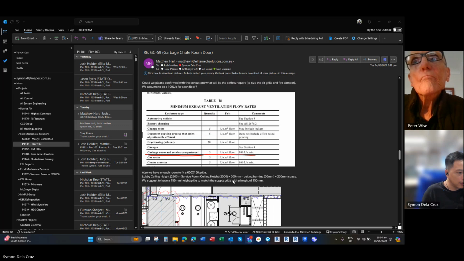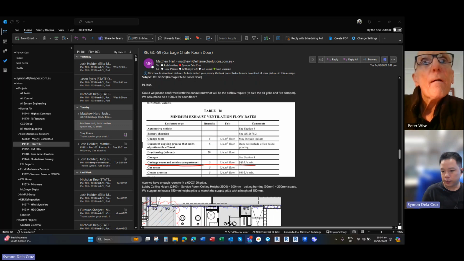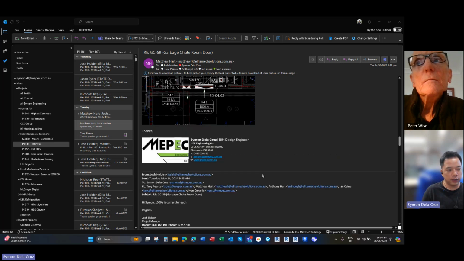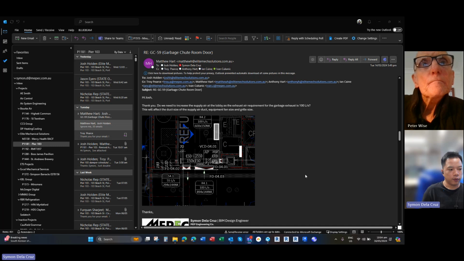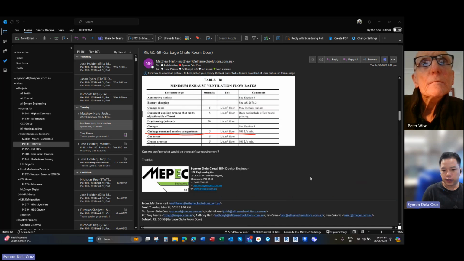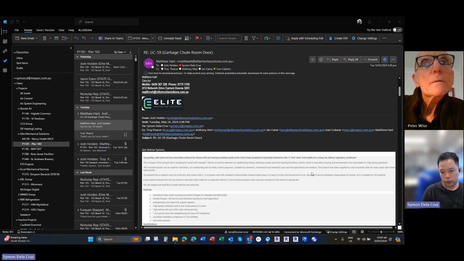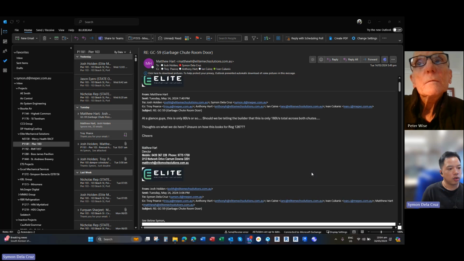The garbage room says 100 liters per second minimum for the service requirement, but Matthew says we need to confirm with the builder, the contractor, what fans we will be using. We have confirmed that it is 80 liters per second for each tube. Now we are confirming what airflow we will be using. Do we need to assume 80 or 160?